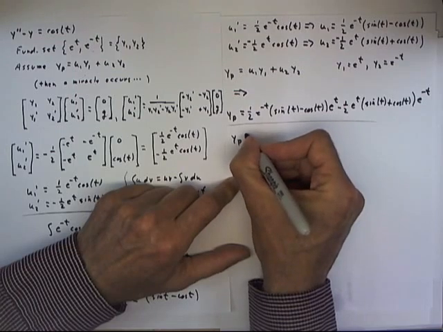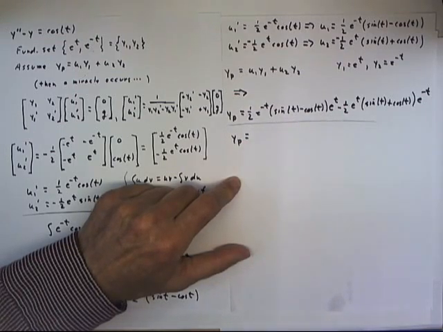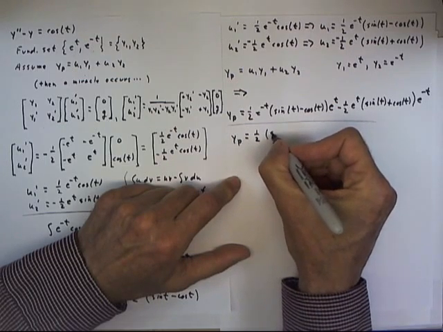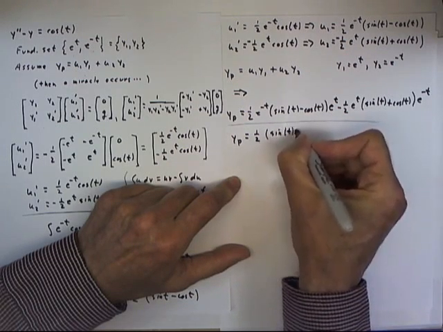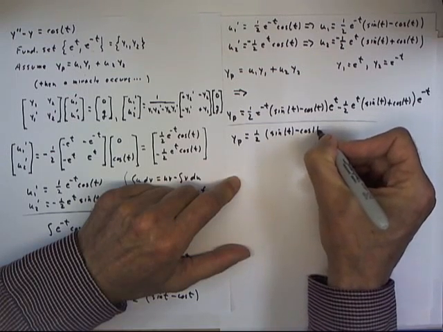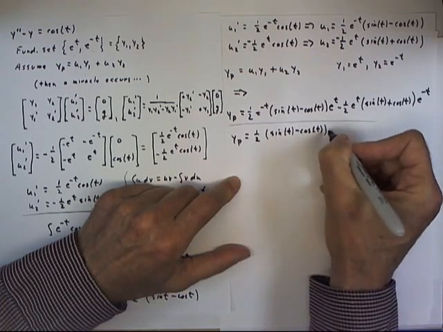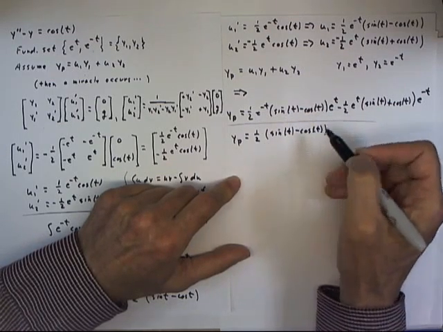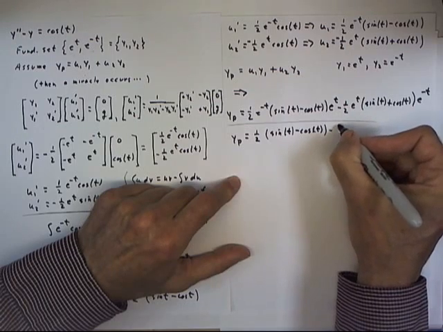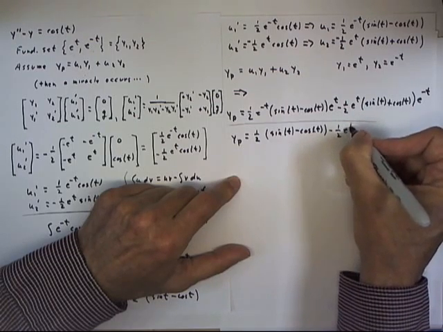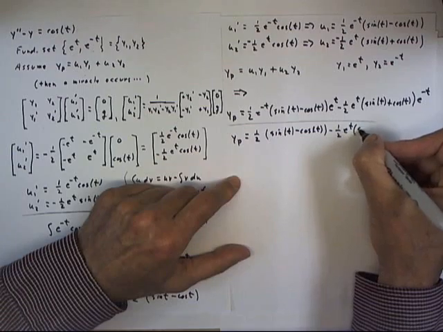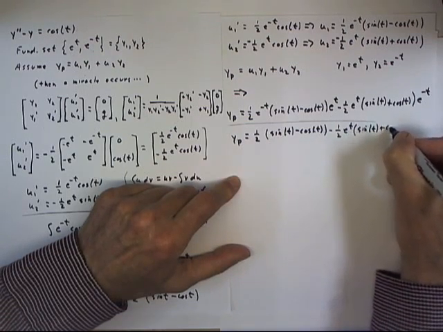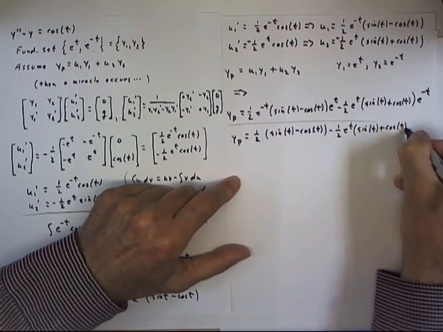And we end up then with yp equals 1/2 times the quantity sine of t minus cosine of t, noting that the e to the negative t and e to the t multiply out to give us 1, and then it's going to be minus 1/2 times the quantity sine t plus cosine of t.